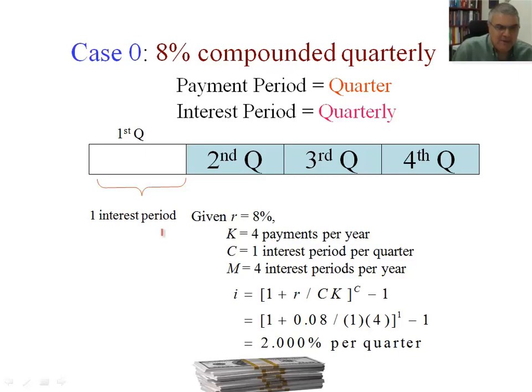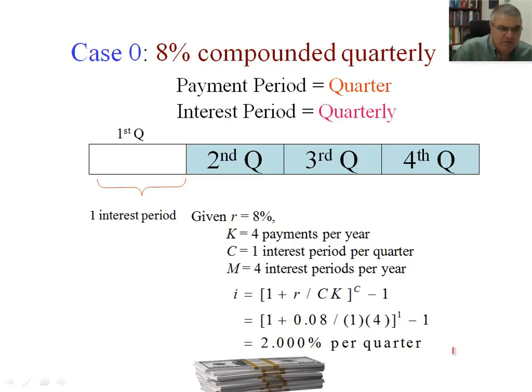And M is the interest periods per year. In this case, the number of interest periods per year is 4, so capital M would be 4. And as such, for 8% compounded quarterly, the interest rate would be 2%.